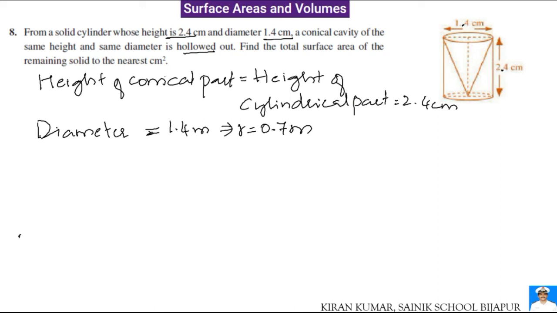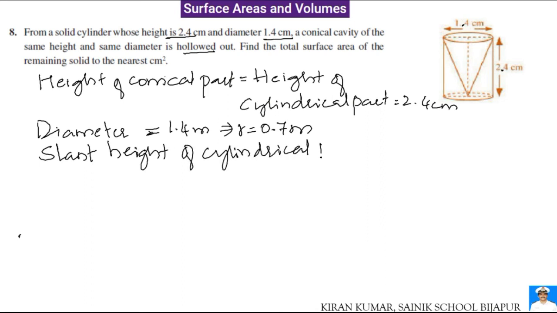To find the curved surface area, we actually require the slant height. So first let's find out the slant height. The slant height of the conical part will be equal to l, which is root of r square plus h square.